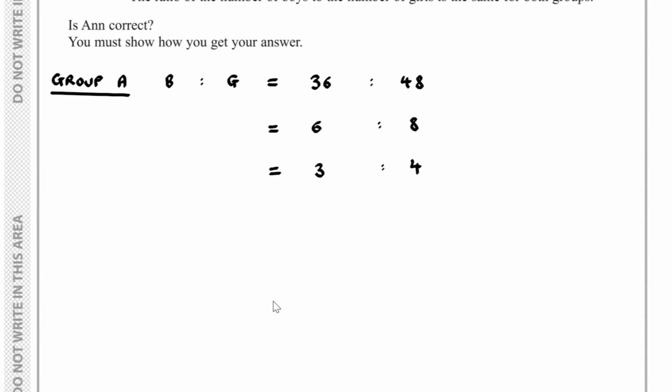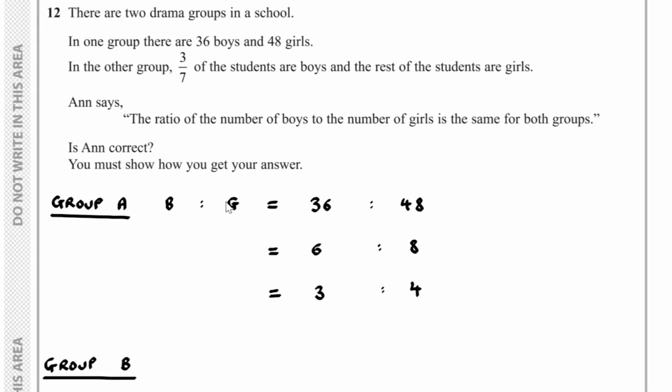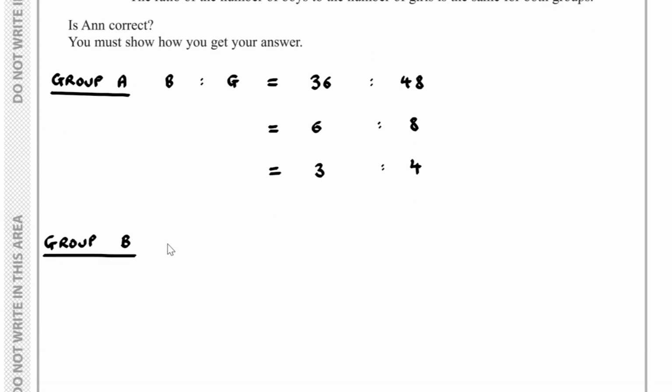Now, if I take a look at group B, the other group, three-sevenths of the students are boys and the rest of the students are girls. So, girls over here, well, we've got 3/7 which are boys, and therefore we would have 4/7 which are girls.